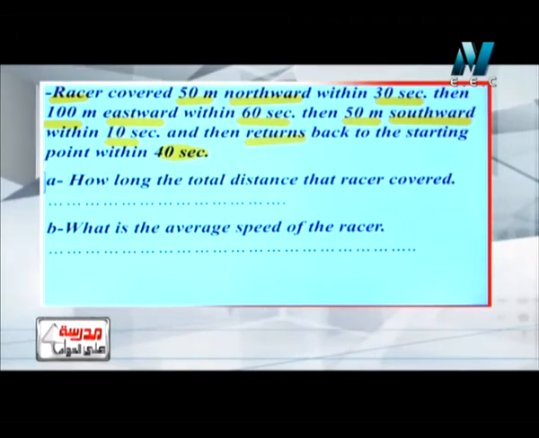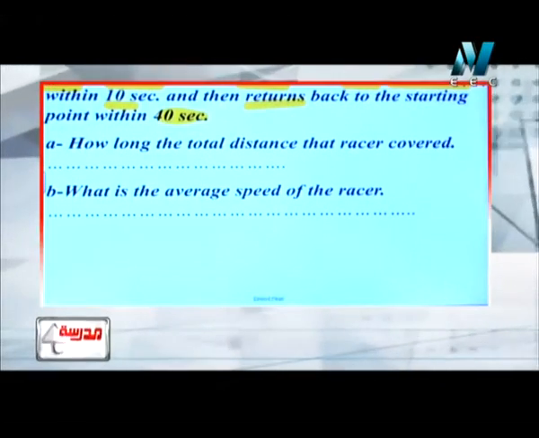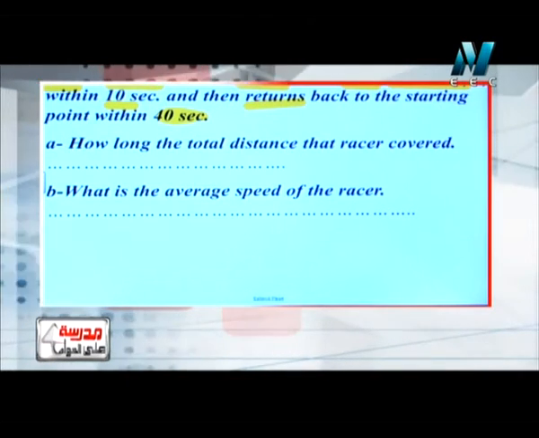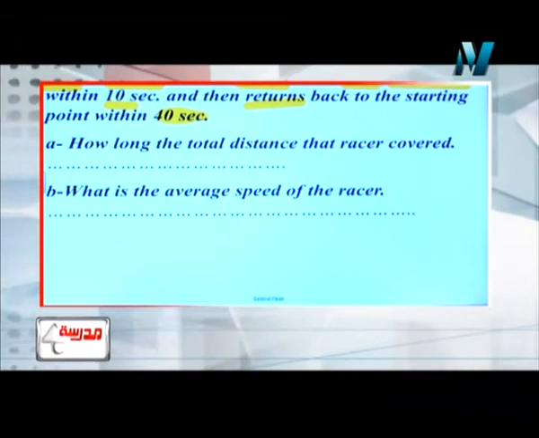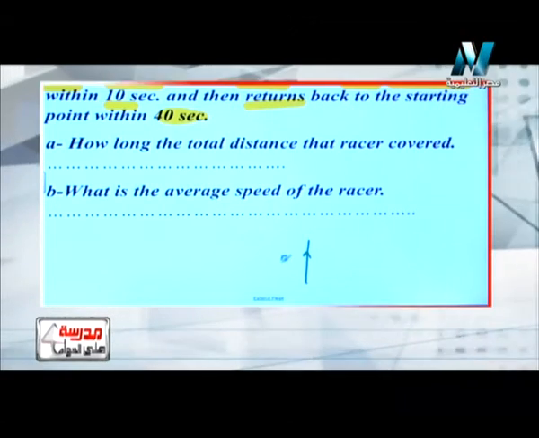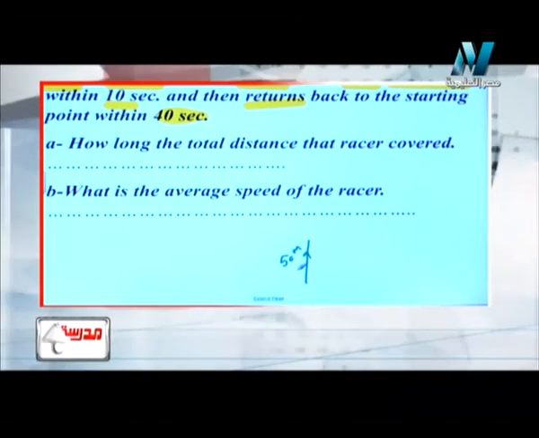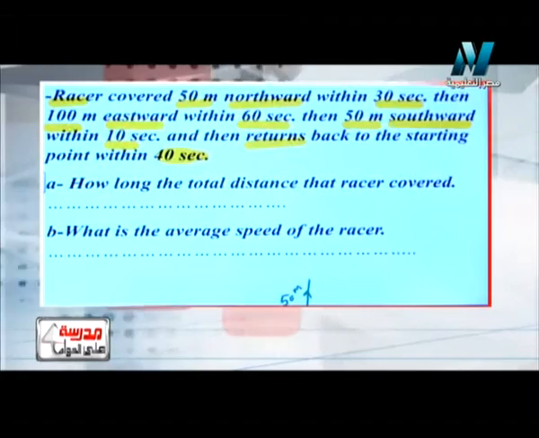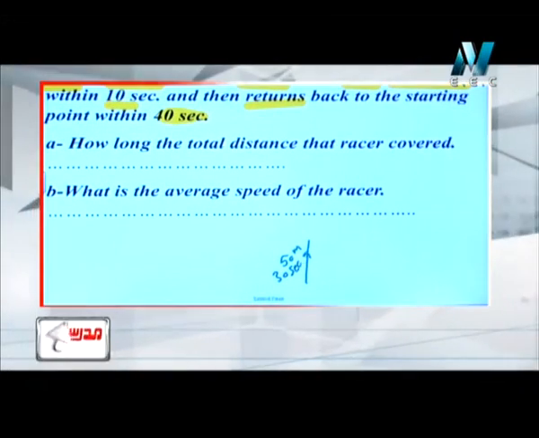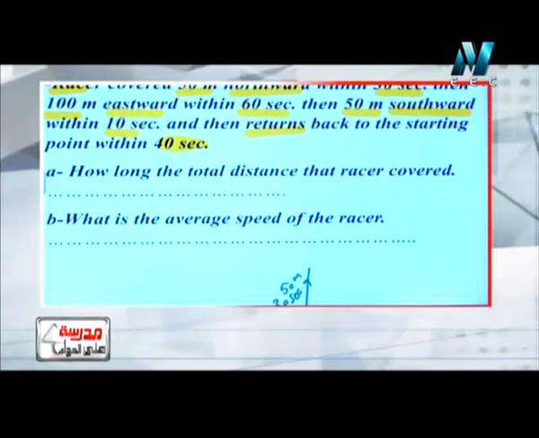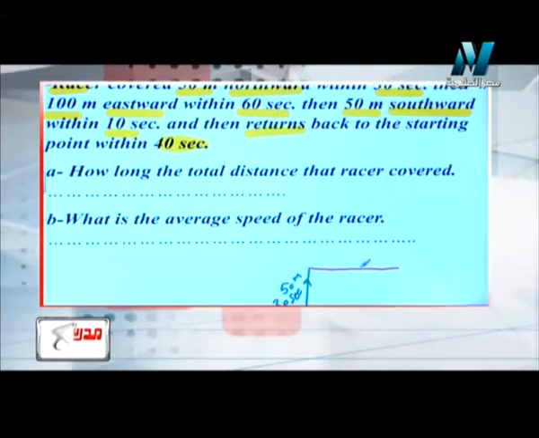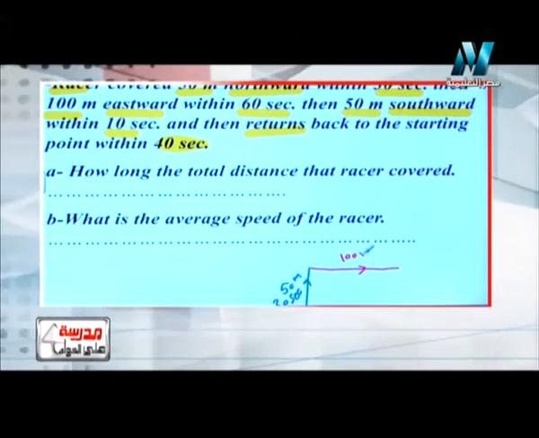Here we should remember, we should write or draw the graph or draft to remember. The body moves 50 meters northward like that, in 30 seconds, as the problem says. Then it moves 100 meters eastward within 60 seconds.